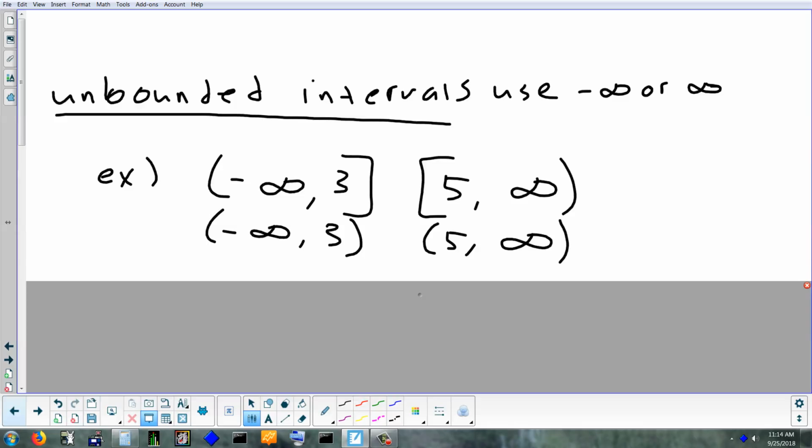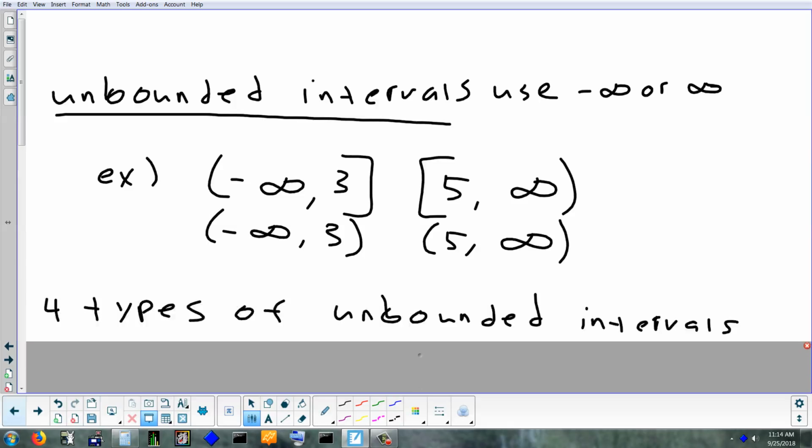Why not a bracket? Yeah. You can't have something equal to infinity. Infinity is not a number, it's just a concept. It's just an idea of the biggest number that would ever exist, even though it doesn't really exist. So you never can equal infinity. Always put a parenthesis on infinity.